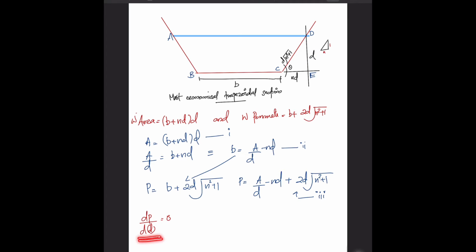That's why the notation changed to dP by d of d equal to 0. So for the most economical section, P should be minimum, dP by d should be equal to 0. So now let us take that condition. You have to differentiate this with respect to d and equate it to 0. So let us do that.